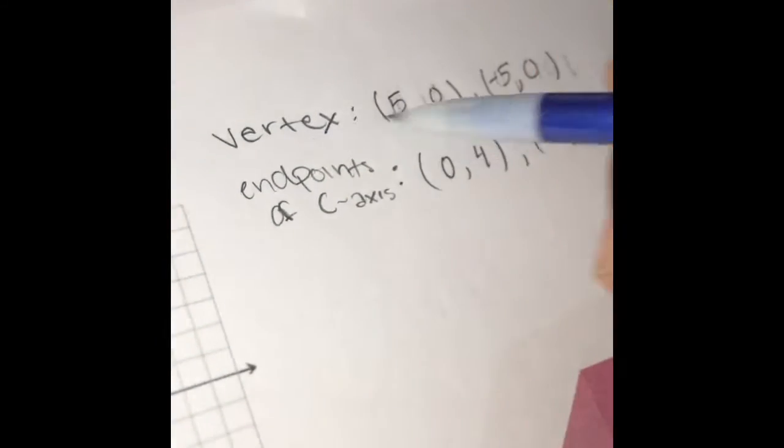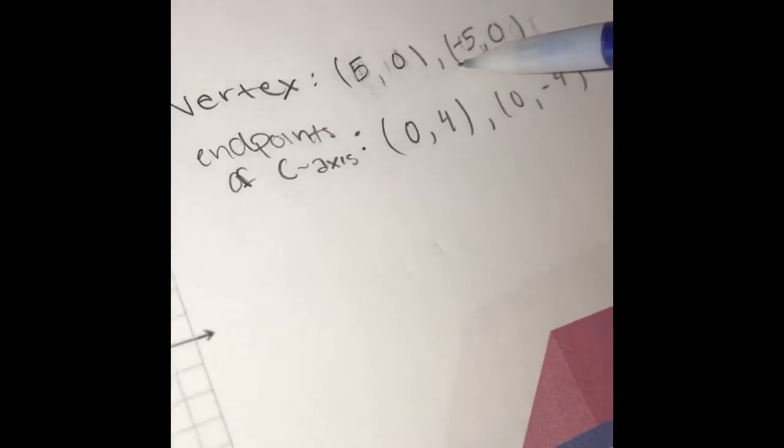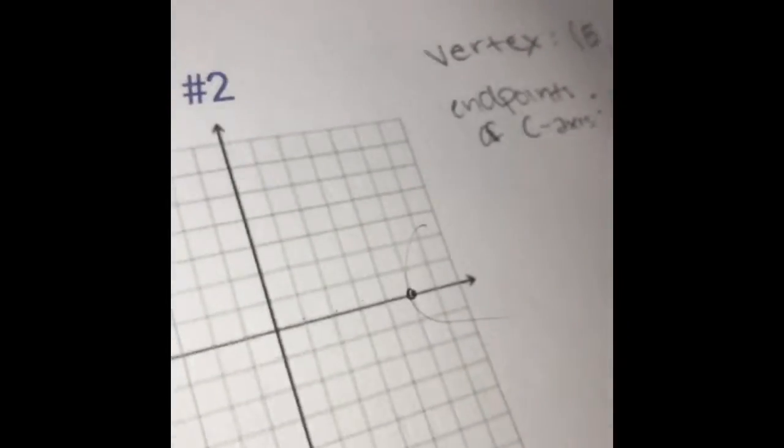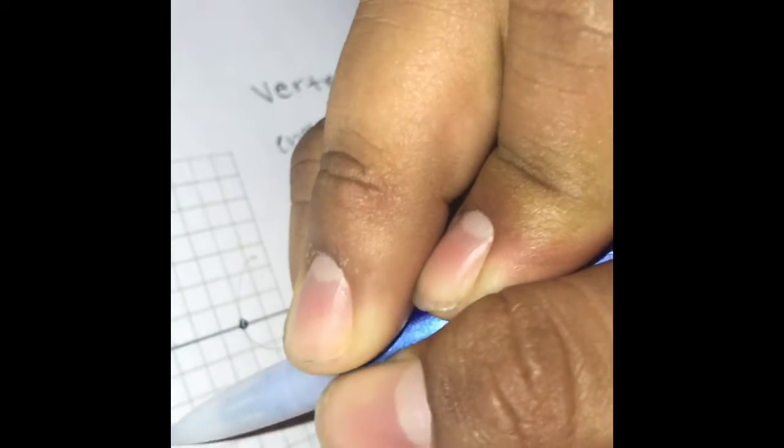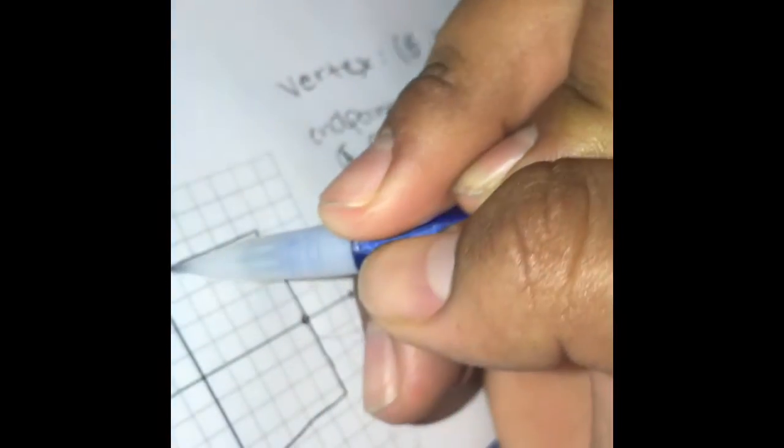If we're given the information that the vertex is at 5, 0, and at negative 5, 0, we could just put that here, and then, to not get confused, the endpoints of the conjugate axis are right here. So we could already draw our square box, or whatever that is.